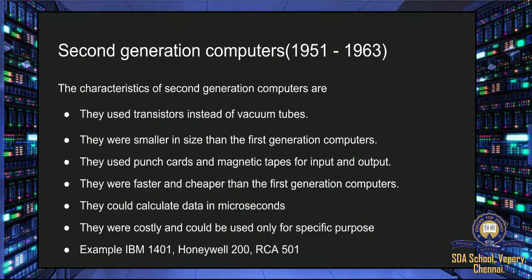Let's see the second generation computers. This was between 1951 to 1963. The characteristics of second generation computers are: they used transistors instead of vacuum tubes. The first generation computers used vacuum tubes for calculation, but here in the second generation they used transistors.